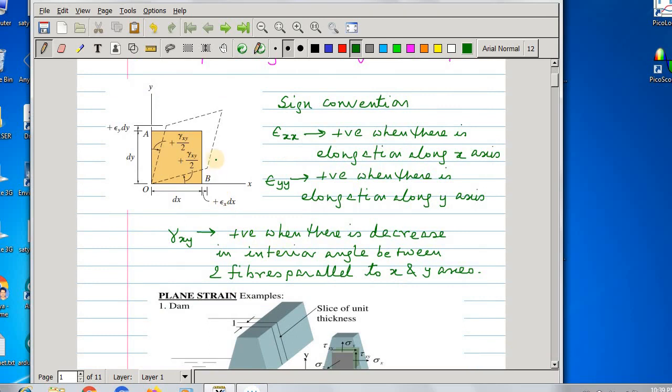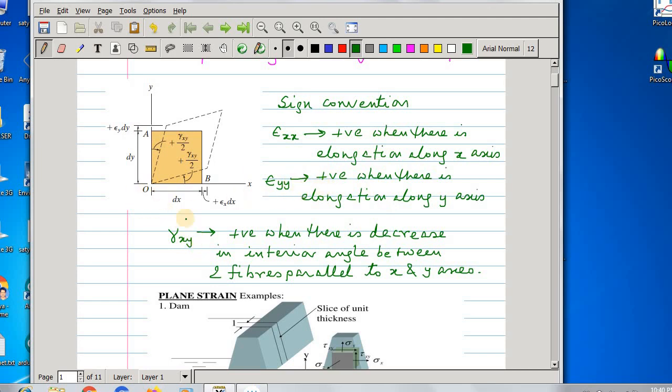Suppose you take this yellow element. This element is parallel to the x-axis. It gets extended, and this is epsilon xx, which is positive when there is elongation. This is dy, and when it gets extended in the y direction, epsilon yy is positive.